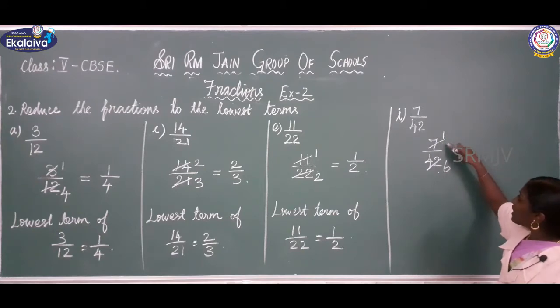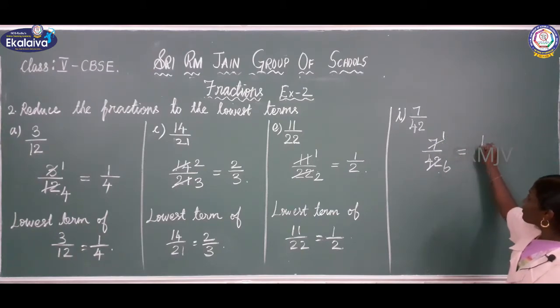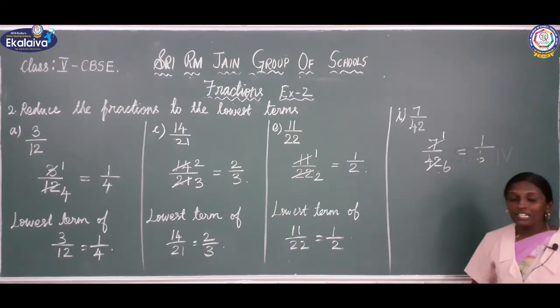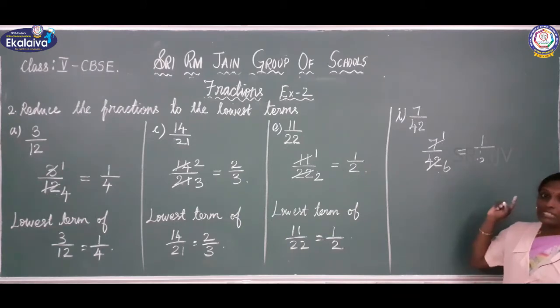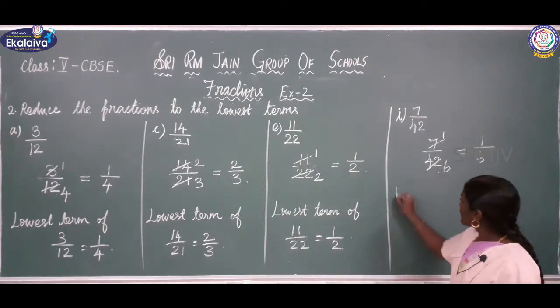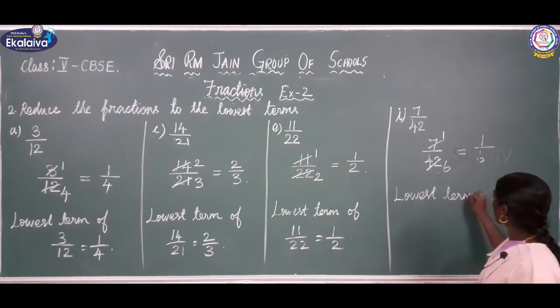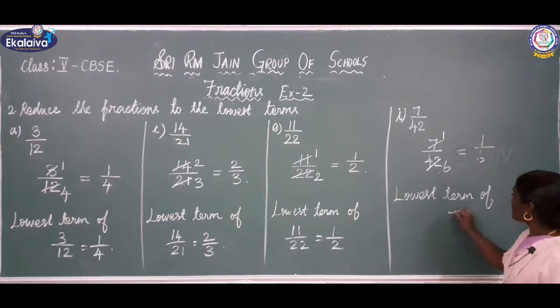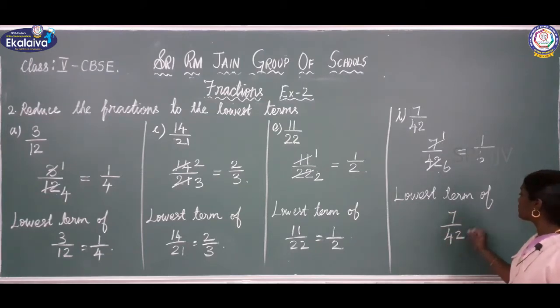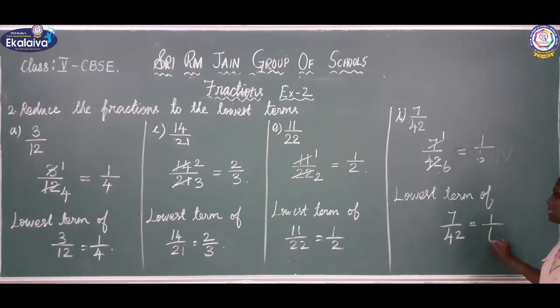Now we got 1 by 6. For 1 by 6, 1 is the only common factor. So 1 by 6 is the lowest term. So lowest term of 7 by 42 is 1 by 6. Is it clear, children?